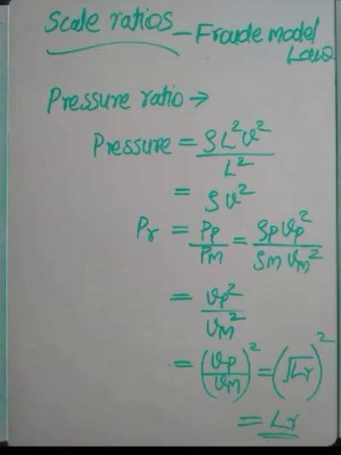On substituting, we will get here also rho p is equal to rho m. That means the density of the fluid will be the same for both the prototype and model. So we can write the scale ratio for pressure is equal to velocity of the prototype divided by velocity of the model the whole square. That means square root of Lr the whole square, that is Lr.